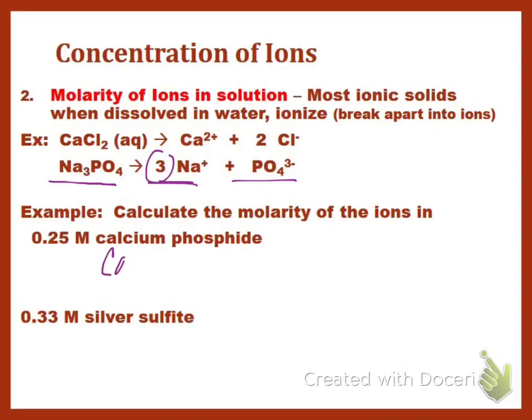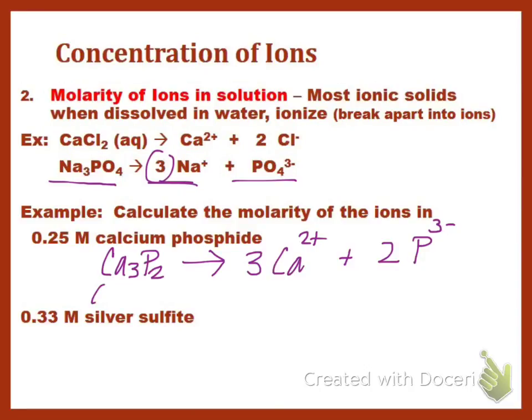So if I had calcium phosphide, that's going to give me 3 Ca2+ plus 2 phosphides. So in terms of the molarity or the concentration, this is 0.25 of the whole thing, but when I dissociate it, I get 3 times as many calcium ions, because when it breaks apart, there's 3 of them.